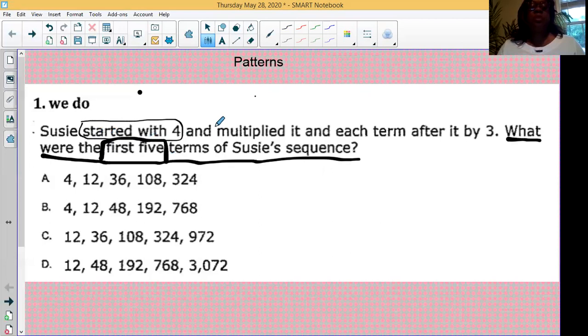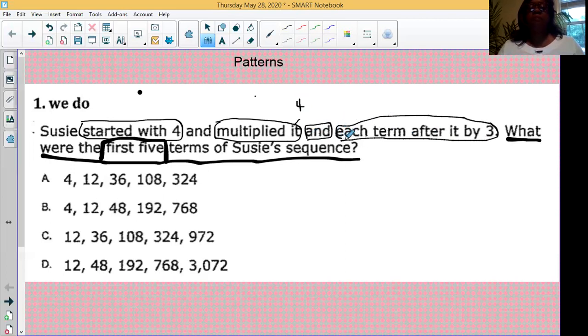Then she multiplied it. So she multiplied 4, and so not only did she multiply the 4, but she multiplied each term after it by 3. So all of this is important.